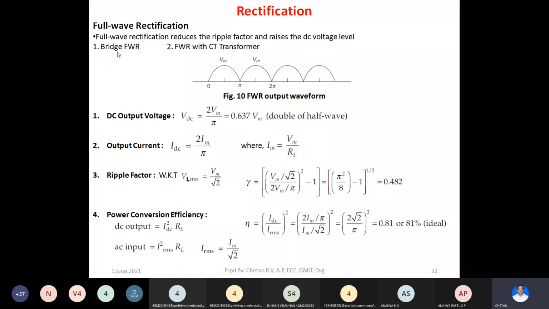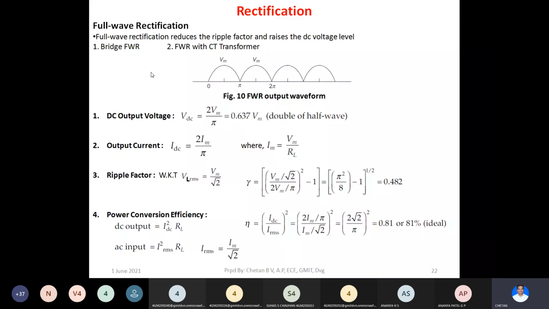The bridge rectifier consists of four diodes connected in a bridge fashion. In the case of the bridge rectifier, you use a normal transformer, one that has one primary winding and one secondary winding.